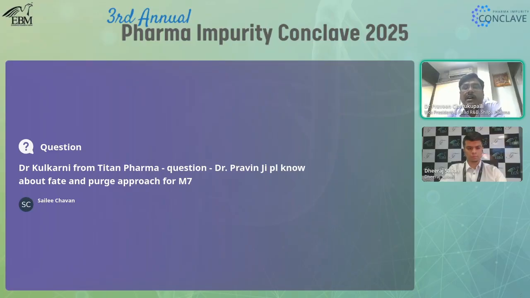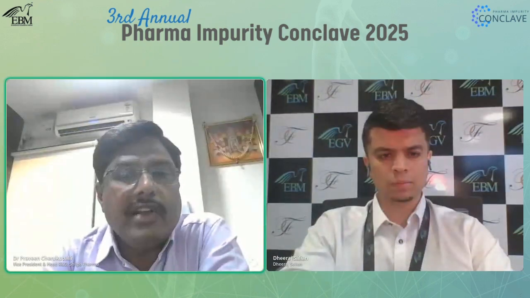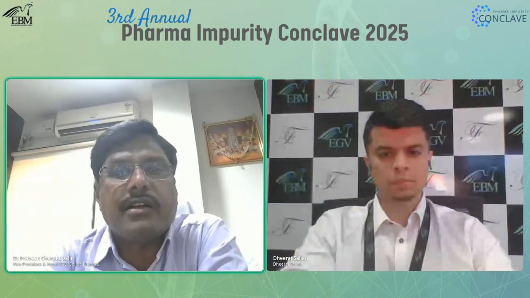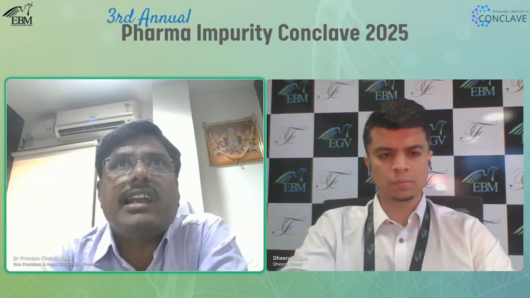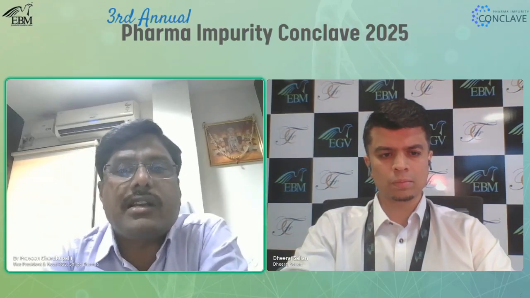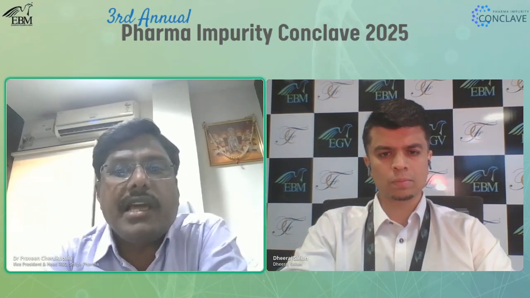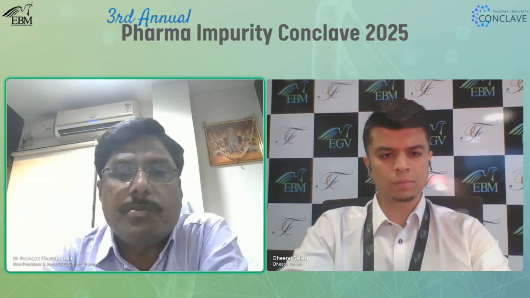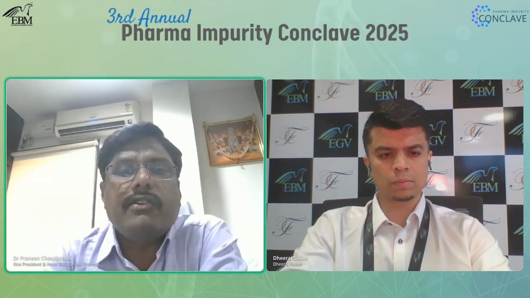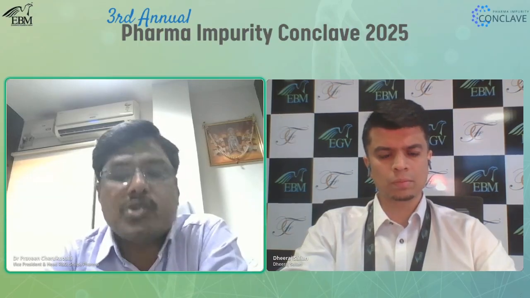Most of the time, FDA, EMA and all the regulatory authorities will be convinced if your approach is scientifically adequate. Whenever we calculate the purge factor, a single person should not do it. It should be a cross-functional team approach, where as a team, scientifically, if you do the purge factor approach, the regulatory authorities will definitely accept and approve it.